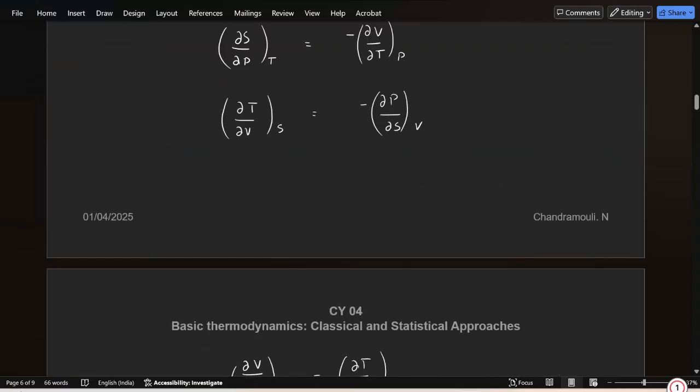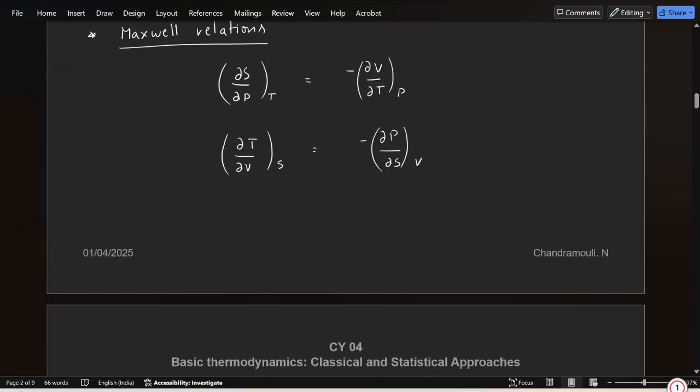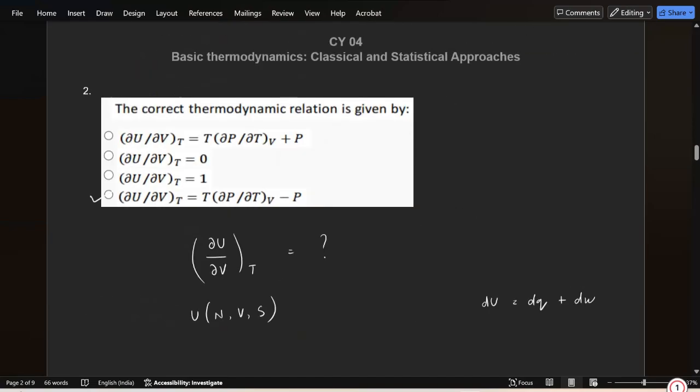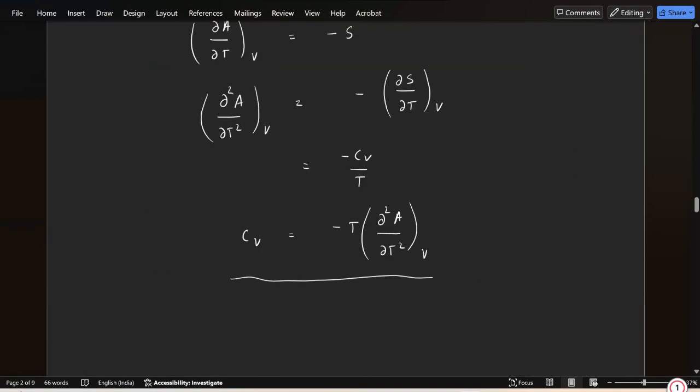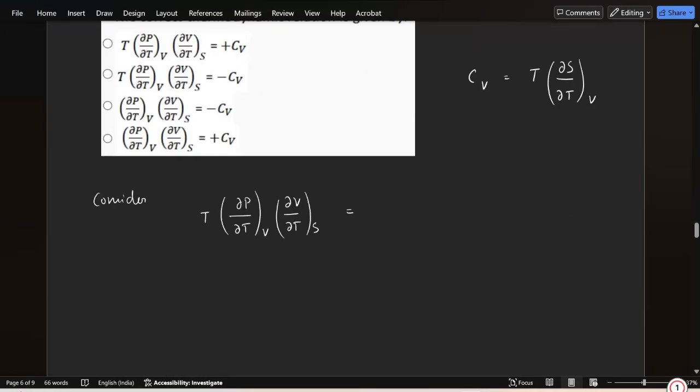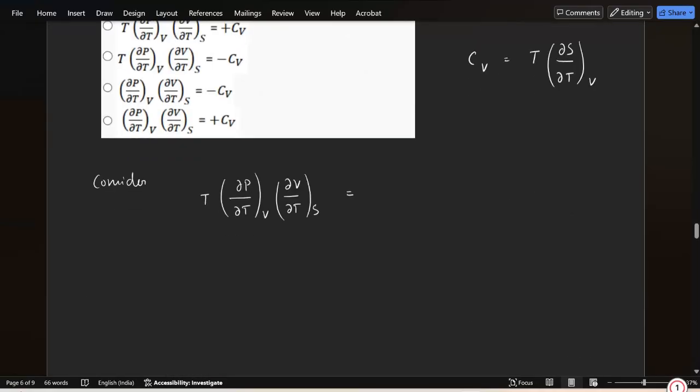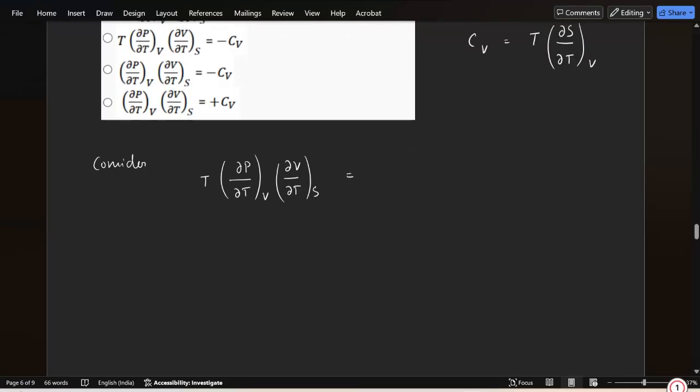See here, del V by del T at constant pressure is equal to del S by del P at constant temperature. It's there, so we are going to use Maxwell relations. Let's not worry too much; I'll write it from scratch. Again consider this S, P, T, V. What do we need? We need V, T, S.